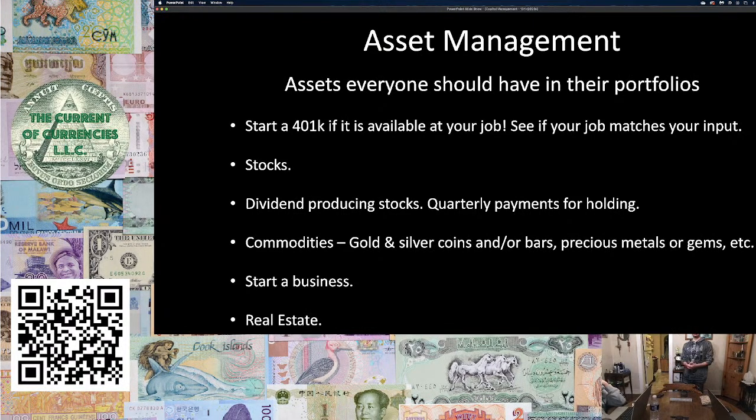Real estate can be an asset, but not if you're living in your house. If you're living in your house and you have a mortgage, then it is a liability. Not even an expense. Mortgages are liabilities. And then you have alternative currencies, cryptocurrencies, digital real estate, NFTs, fractionalized art, fine art, etc.